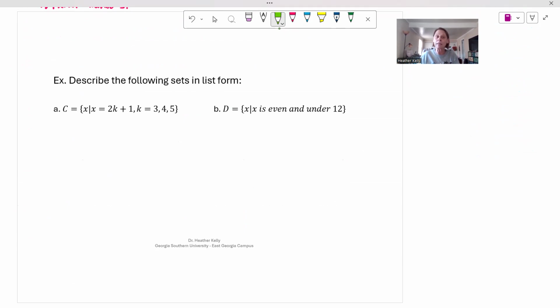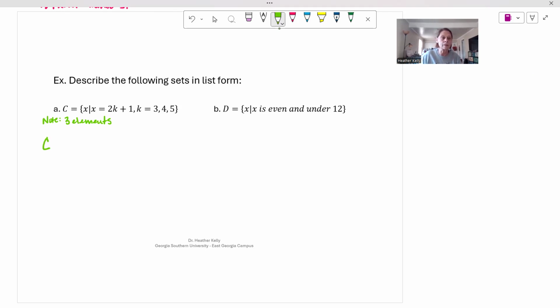And specifically, k is equal to 3, 4, and 5. That means, number one, there are only 3 elements of this set. So just note 3 elements. Okay? That's what we've got going on there.